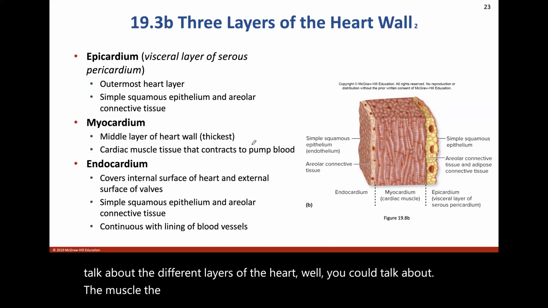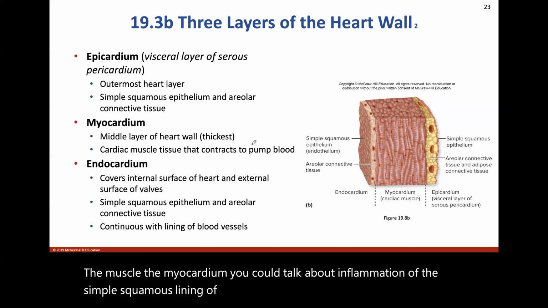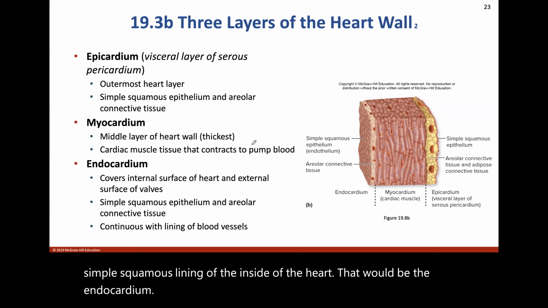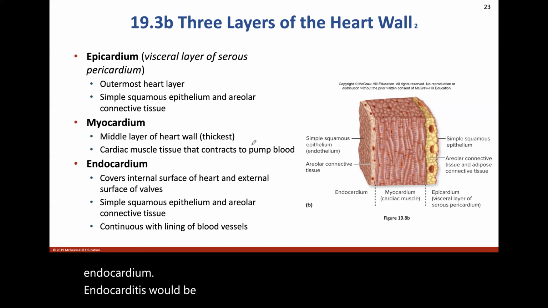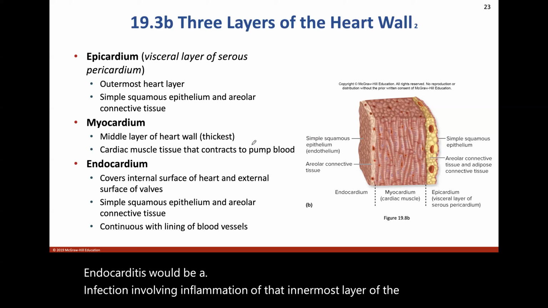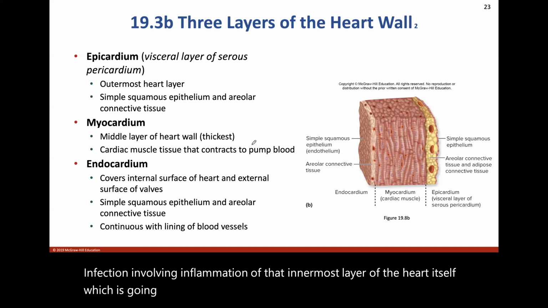You could talk about inflammation of the simple squamous lining of the inside of the heart. That would be the endocardium. Endocarditis would be an infection involving inflammation of that innermost layer of the heart itself, which is going to affect the valves and cause issues with how blood flow moves through it.